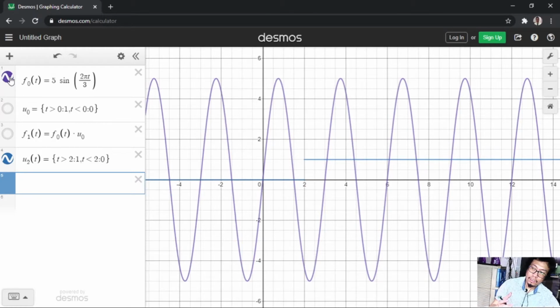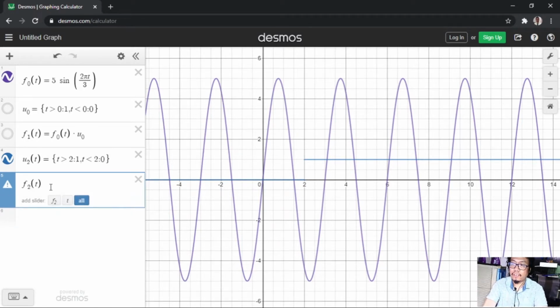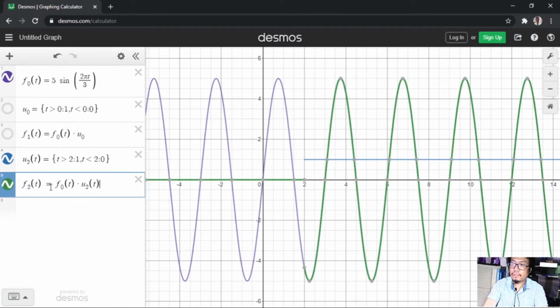Those values of f of t that overlap with the u of t equals 0 part, that is when your time is less than 0, become 0, which we can see here. So we can have f2 of t equal to f0 of t multiplied to u2 of t, which is traced by the green line.